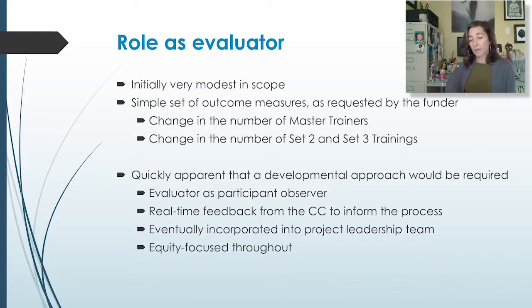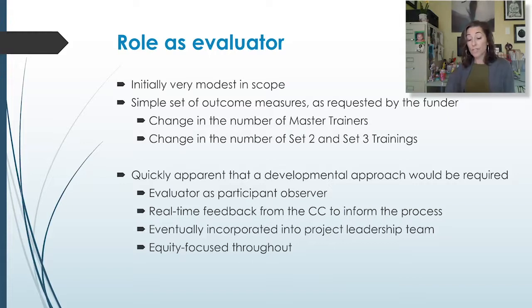I was, however, also invited at the outset to participate in the monthly community council meetings. As a result of getting that up close and personal view on the process, I pretty quickly realized that a more developmental approach would be more appropriate, along with a very explicit and intentional equity focus woven all throughout the evaluation.